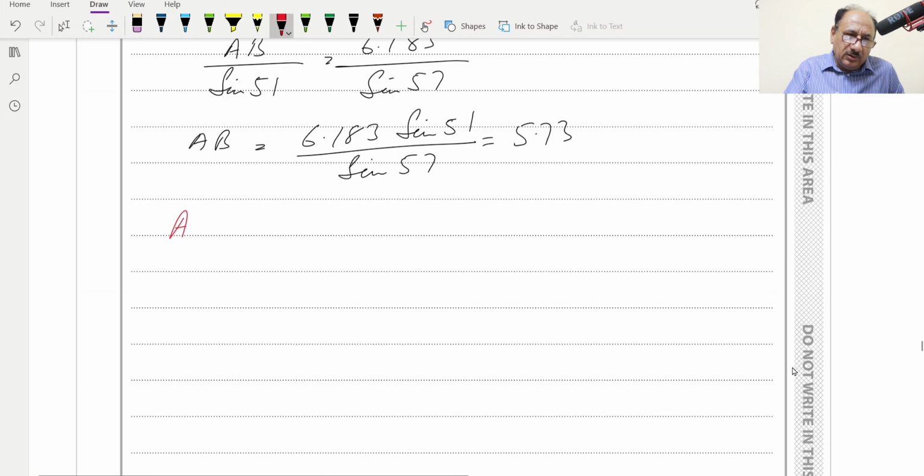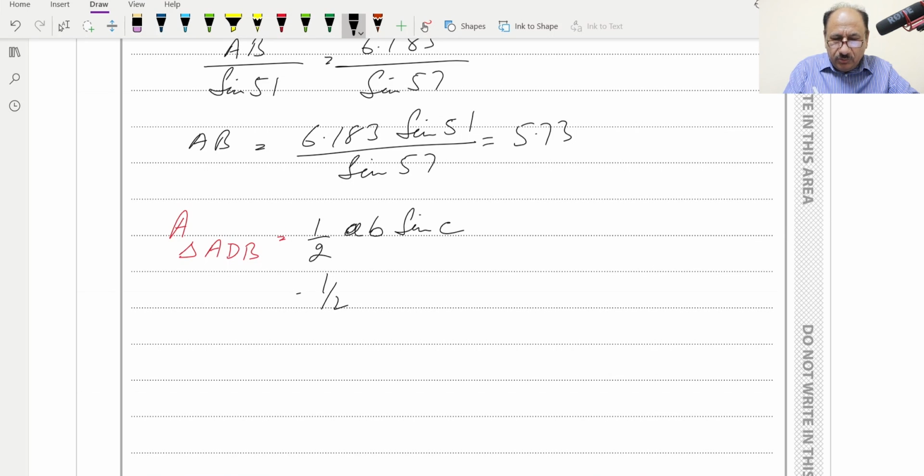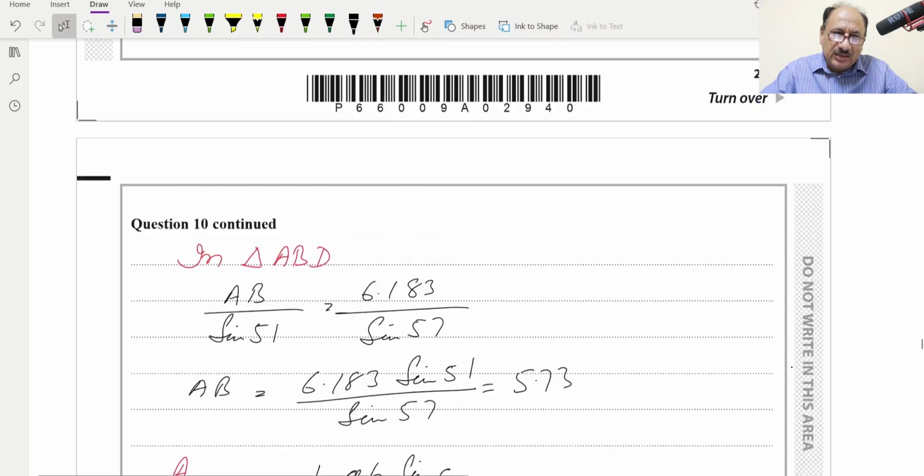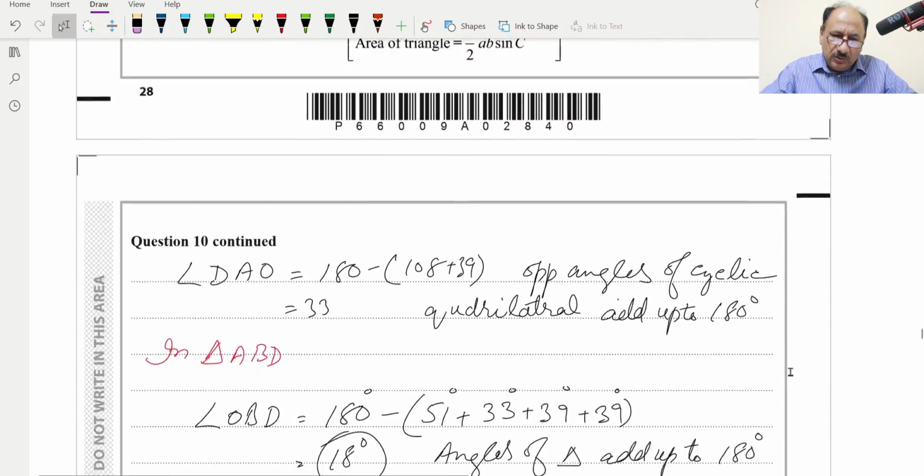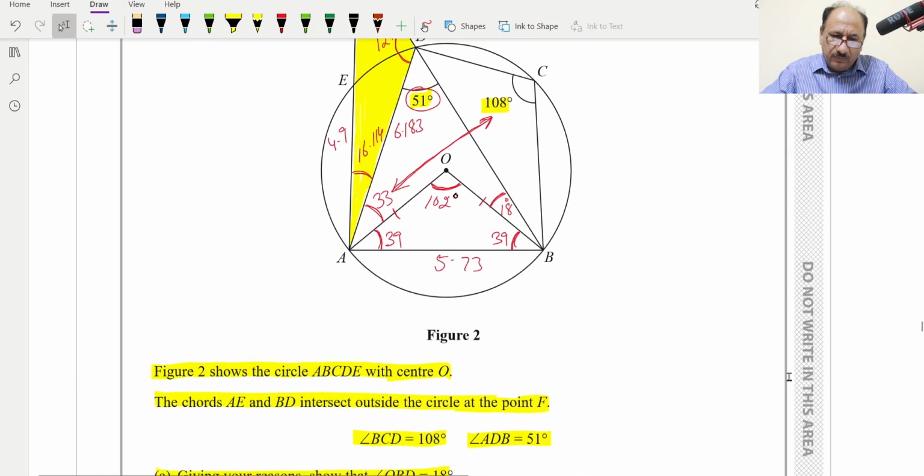the area of triangle ADB. Area of ADB will be equal to 1 by 2 into AB into sine of C. This will be equal to 1 by 2, where one side is 6.18 and the other side is 5.73, and sine of 72.